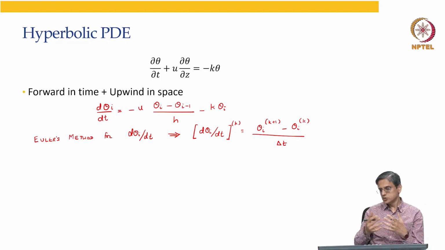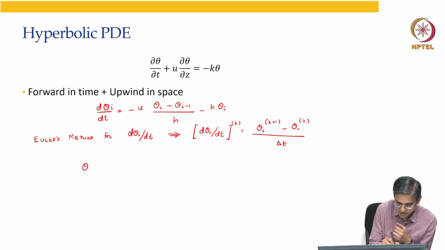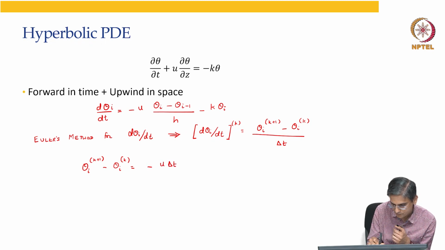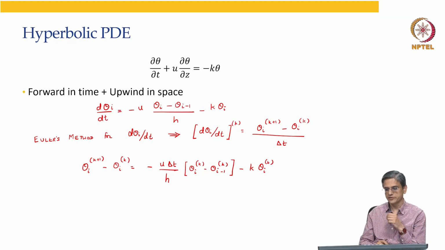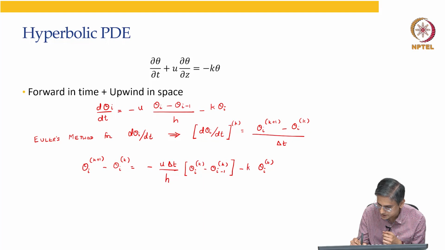So, this is what we have. We can substitute this and rearrange, and we will get theta i at the next time step, with k multiplied by delta t.